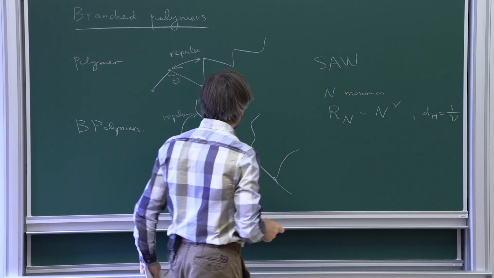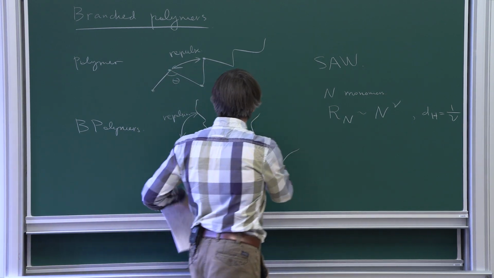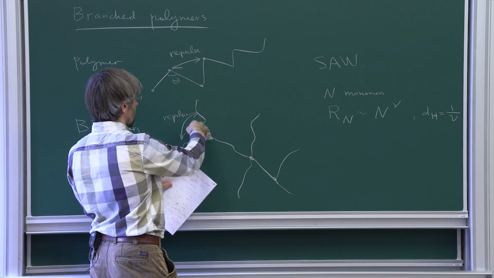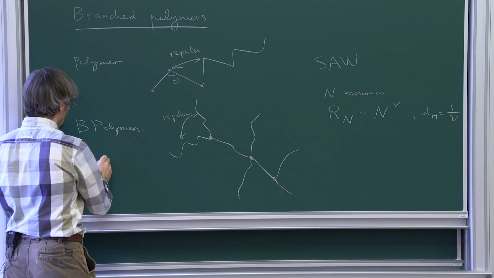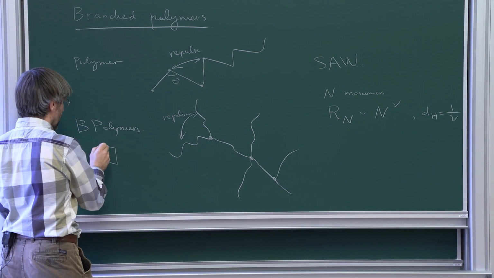Another thing that you can ask is, so okay, here I'm considering a continuous model of polymers, but suppose that I discretize this somehow. Suppose that I'm only allowing polymers to move in the vertical and the horizontal direction, things like that.